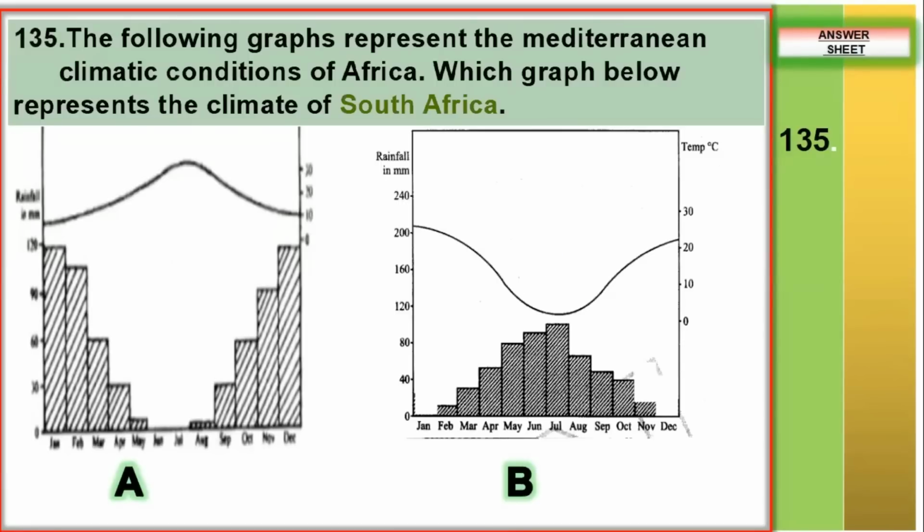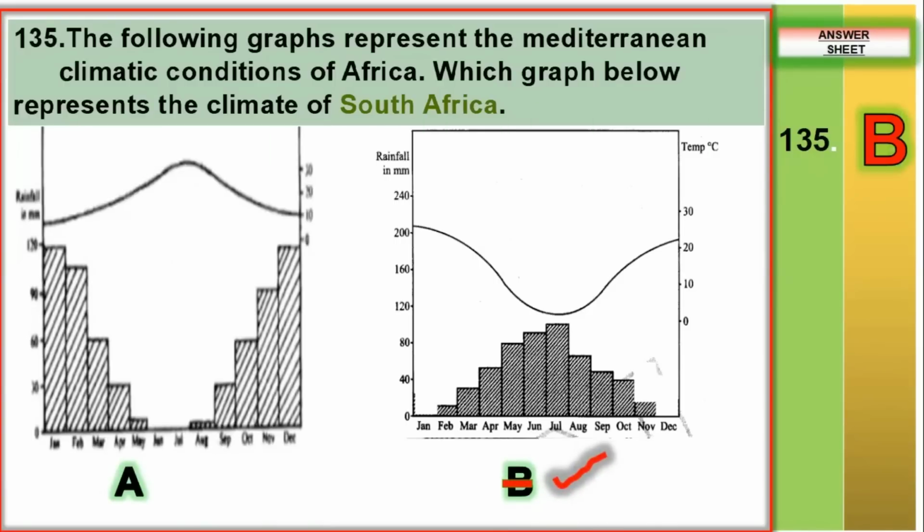If it moves downwards, if it sinks, that is Southern Mediterranean climate, the climate of South Africa. So the correct answer here is B.